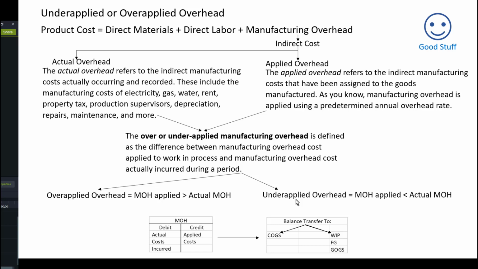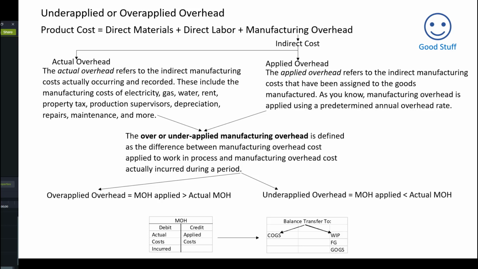The occurrence of over or under applied overhead is normal in manufacturing businesses because overhead is applied to work in process using a predetermined overhead rate, which is computed at the beginning of the period using estimated information and is used to apply manufacturing overhead costs throughout the entire period.